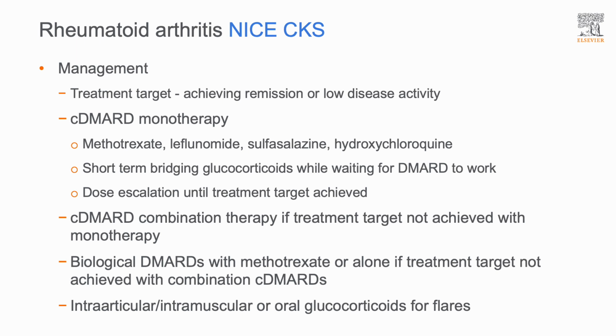Short-term bridging glucocorticoids such as oral prednisolone can be used while waiting for the DMARD to start to work, and there should be dose escalation until the treatment target is achieved. cDMARD combination therapy is then offered if the treatment target is not achieved with monotherapy, and biological DMARDs with or without methotrexate can be used if the treatment target is not achieved with combination conventional DMARDs. Intra-articular, intramuscular or oral glucocorticoids can be used for flares.